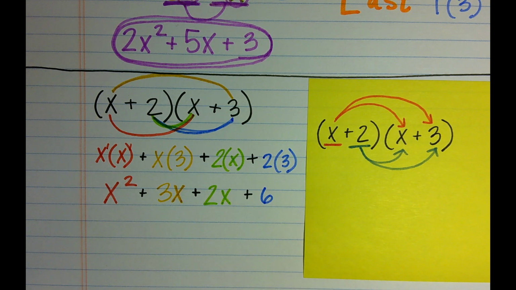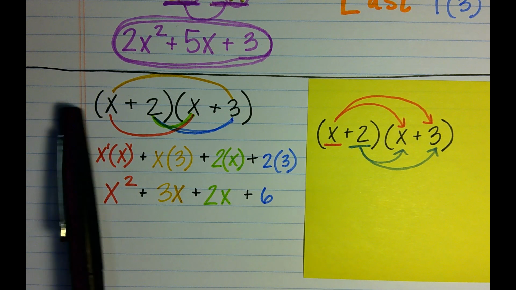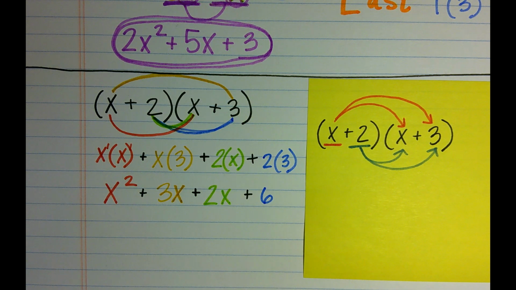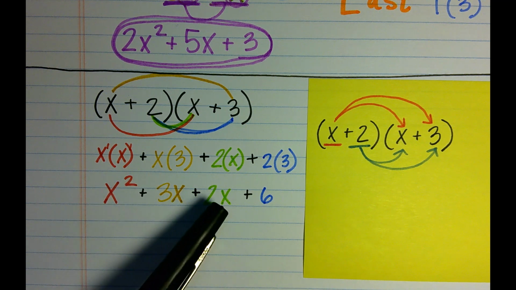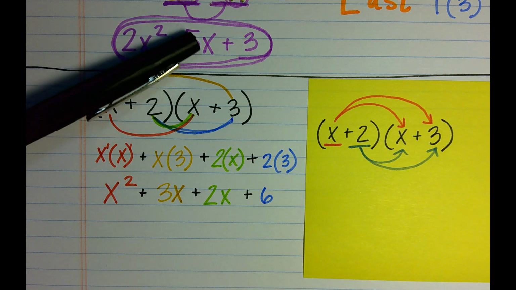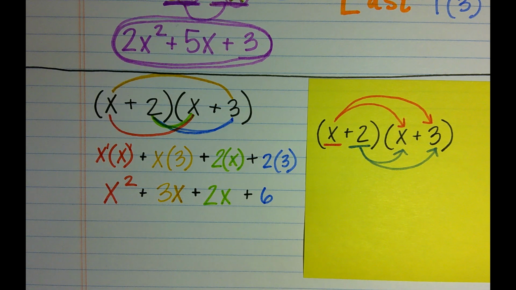And you'll notice that when we start with 2 binomials that are just x plus something, we're always going to come up with an answer that is x squared plus x plus a number, just like we did here. It's always going to go in descending order from the biggest x to the smallest x to the no x.